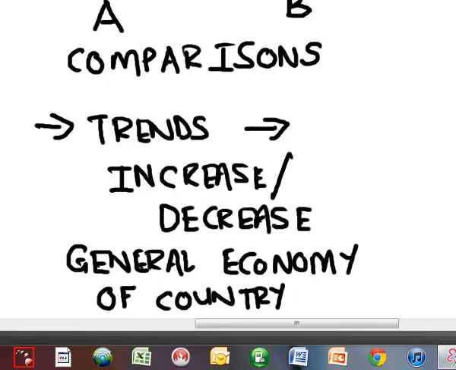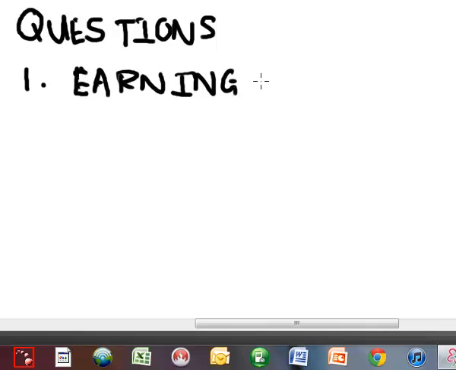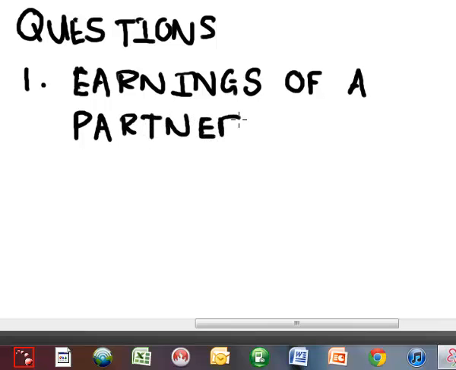Right, let us take a look at some of the questions. The first question says, what components would fall under the indicator earnings of a partner? That means if you want to do this calculation, what components would you bring in to be able to calculate the earnings of a partner?